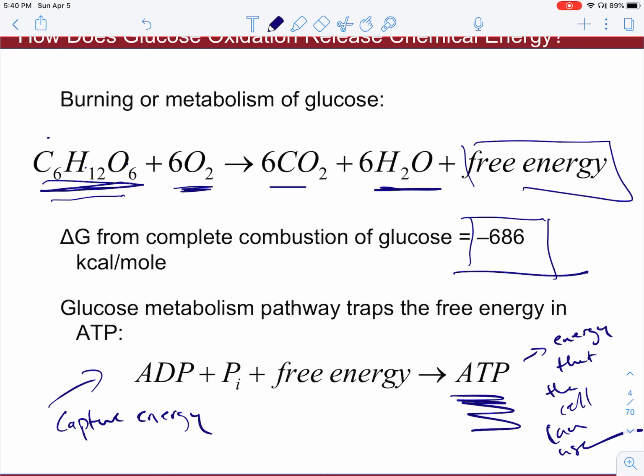So we use the energy from the breakdown of glucose in order to drive this process of phosphorylating ADP. The D stands for di, which means two, and making ATP. The T stands for tri, which is three, from ADP and inorganic phosphate.